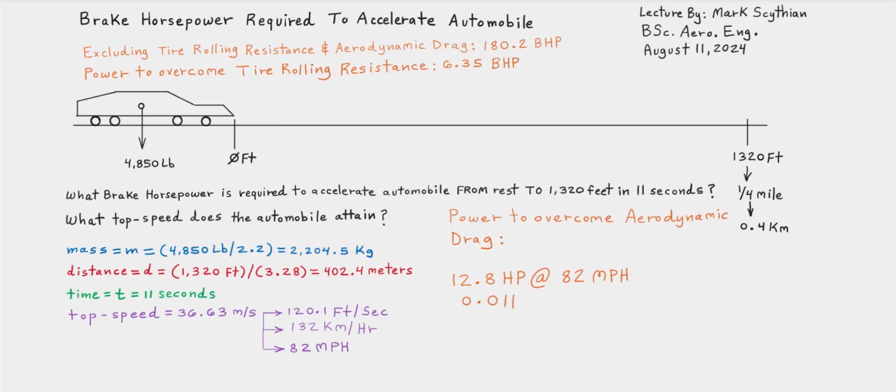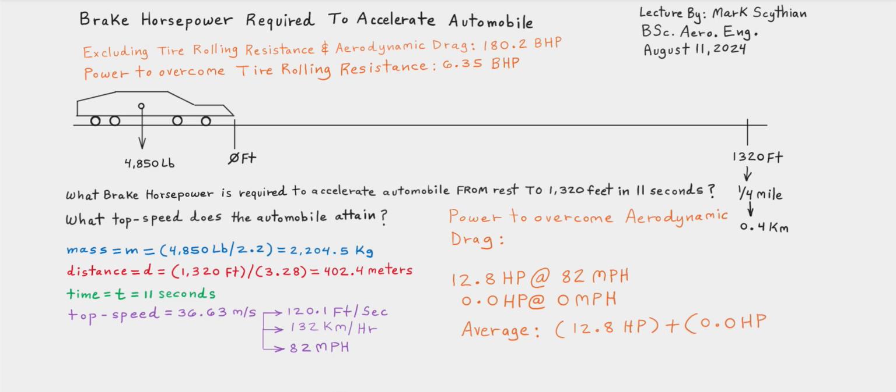And obviously, of course, at rest, 0 horsepower is required to overcome aerodynamic drag because there is none. So this again becomes the average rate of change, or the tangent line of the acceleration metrics with respect to aerodynamic drag and power requirements to overcome aerodynamic drag.